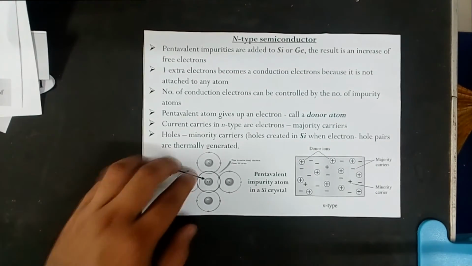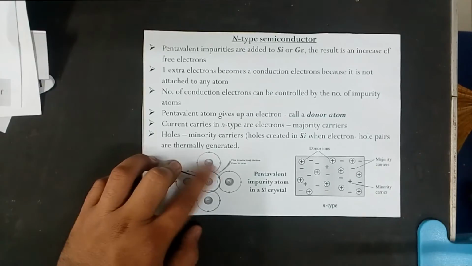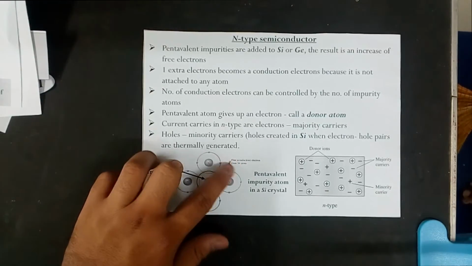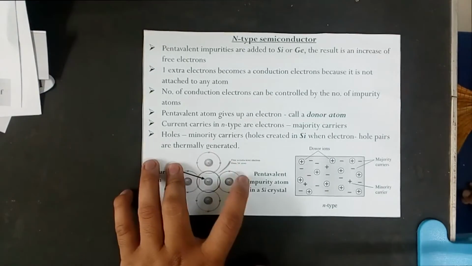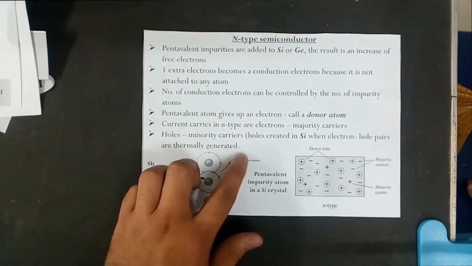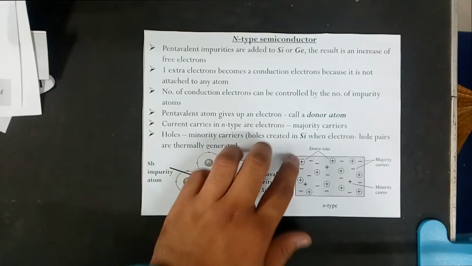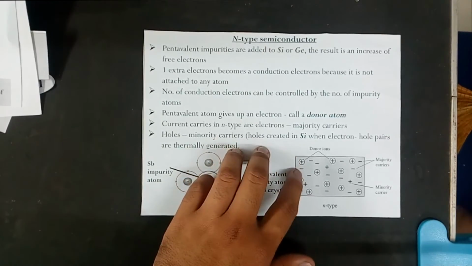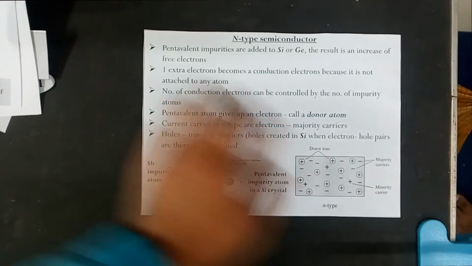So, after the covalent bonding, one electron is left free. This electron is called the donor atom, which is the free electron. Here, this is the diagram for N-type.